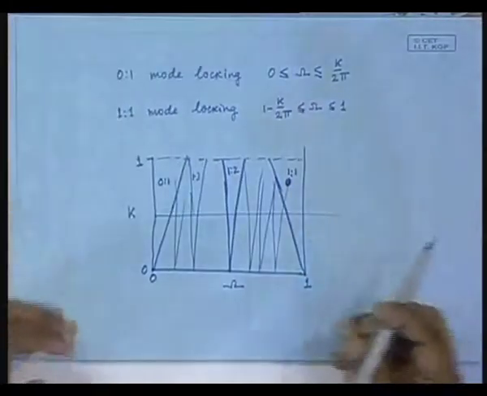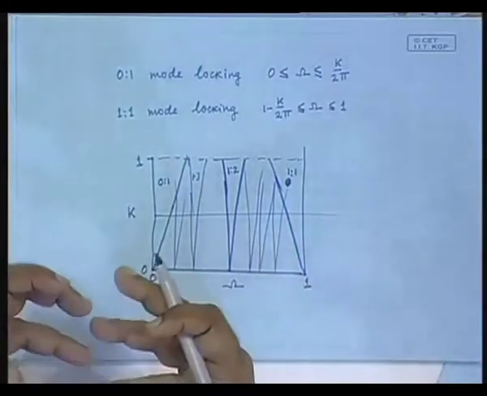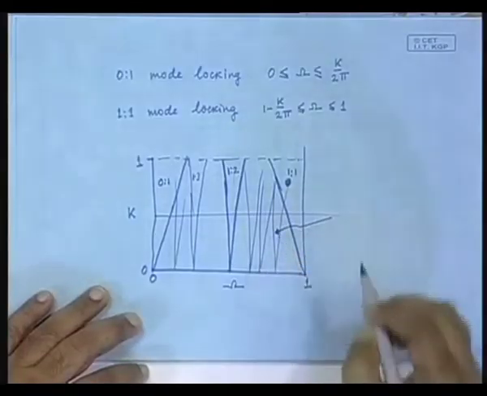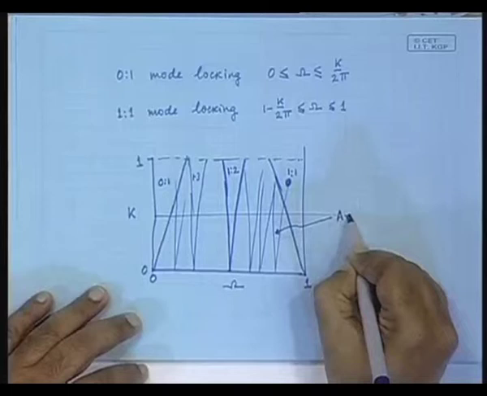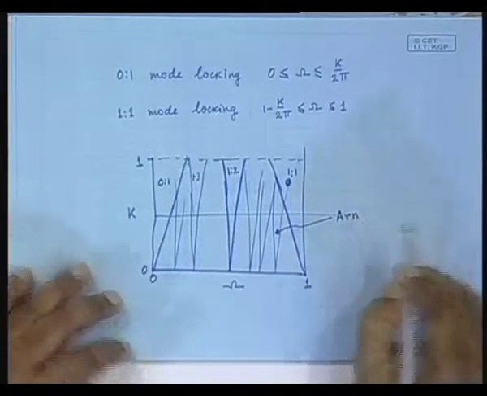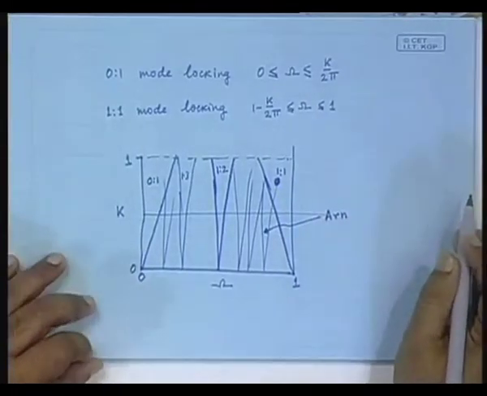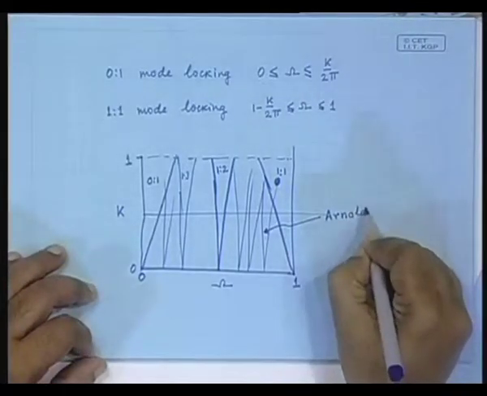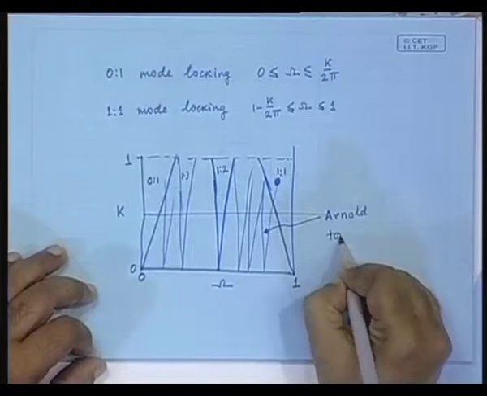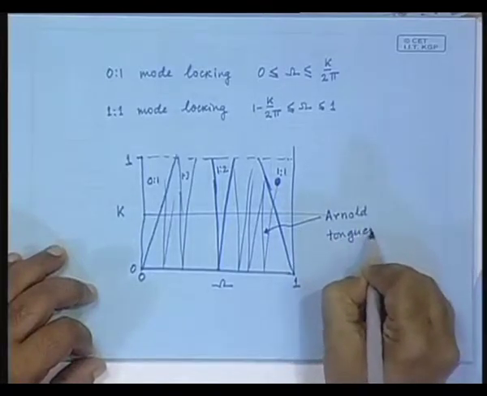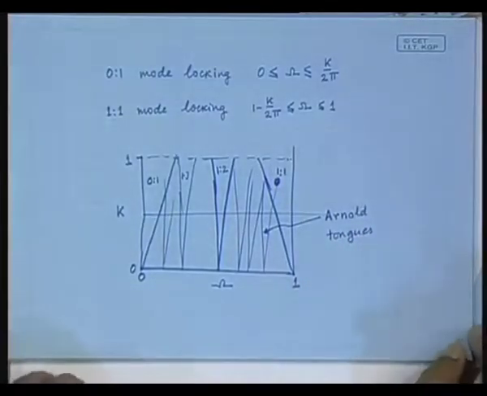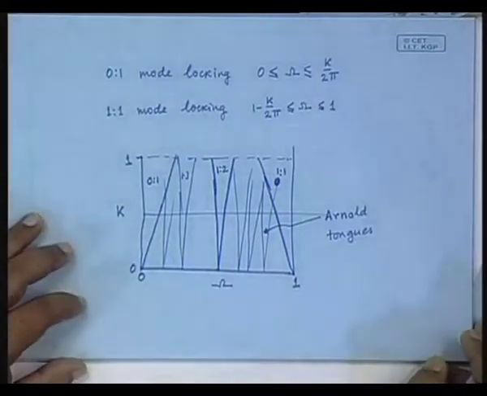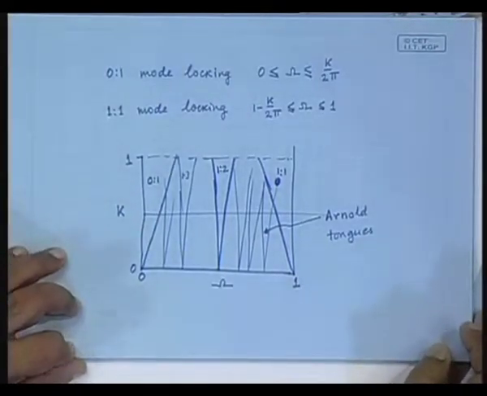Now, these ranges, these geometrical structures, after the person who invented them are called the, in nonlinear dynamics, people are very imaginative, they give all sorts of funny names. So it is named after his tongue.